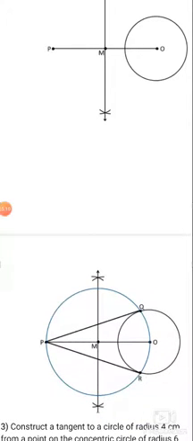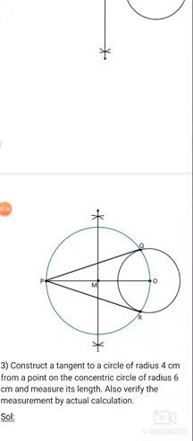That circle touches the original circle, the starting circle, at two fixed points Q and R. Join PQ and PR, then PQ and PR are the tangents from the external point P. Clear, students? Now the next question.